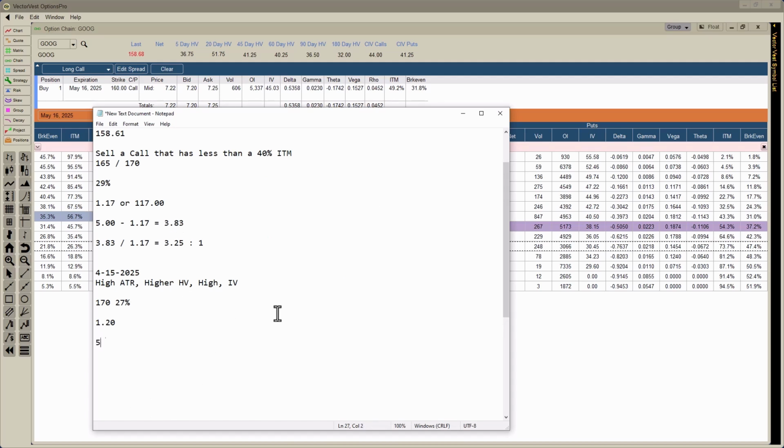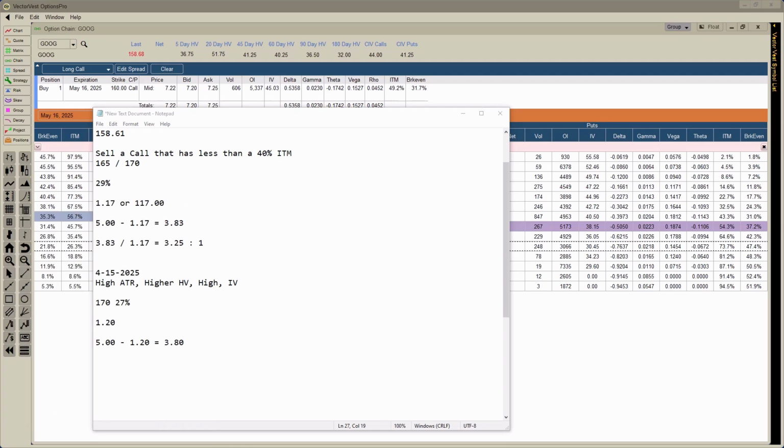You still have the same $5 risk. You now have $1.20 premium, and that means my risk on the trade is $3.80. So what's happening here is I'm getting not only 2% more statistical probability in this trade on April 15th, I'm also getting $5 more in room.